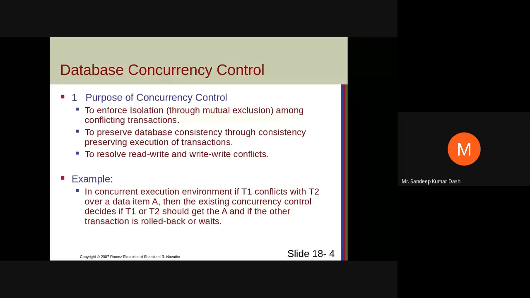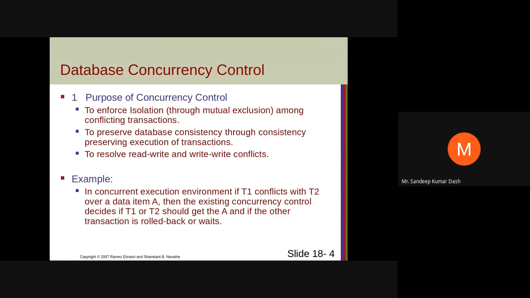Similarly, if one transaction is writing a data item, and one or more other transactions are attempting to read it, that should not be allowed. Whenever a write is going on, let the write complete, afterwards reading will be done. When a read is going on, let the read complete, afterwards the write will be performed. In the same way, these conflicting instructions can be managed by the concurrency control technique.